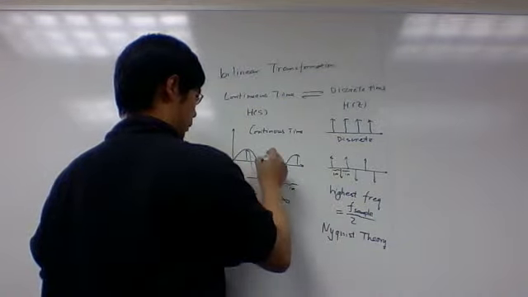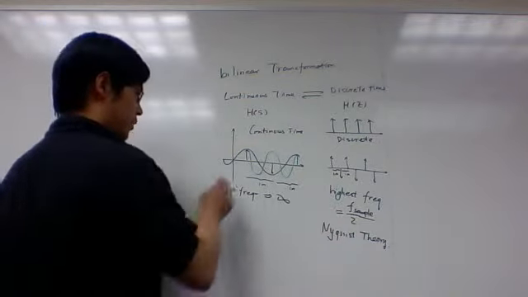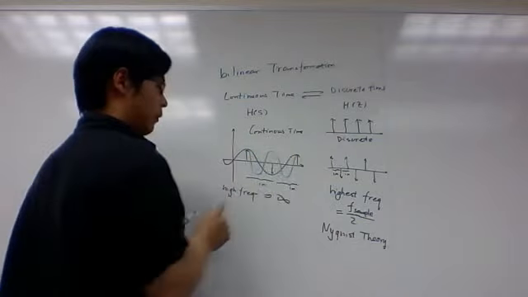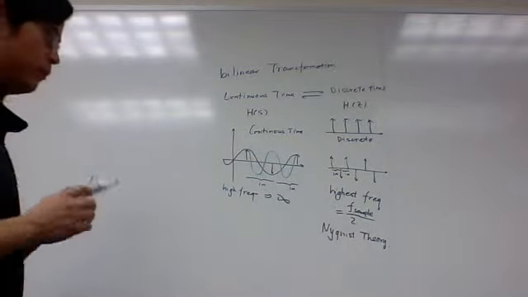So instead of having 1 period within the 2 nanoseconds, I'm starting to have 2 periods, right? So if I still sample here and here and here, what I'll get is 1, 1, 1, right? So it becomes DC now.